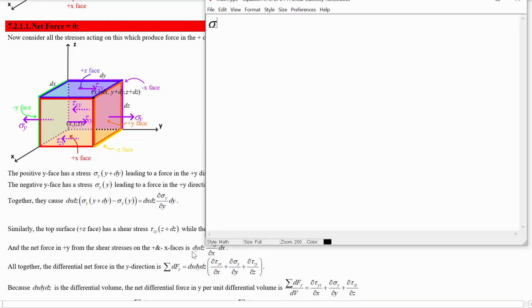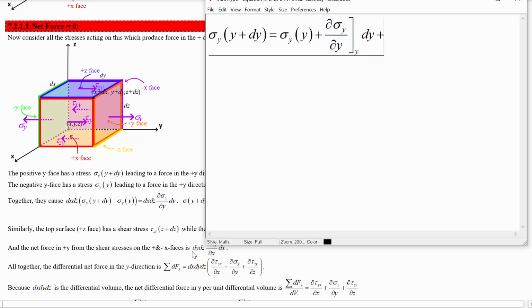Well, that means that if you're going to evaluate any function at y plus some small amount, then you can say that this is equal to a one-term Taylor series approximation: sigma y at y plus del sigma y by del y at y, evaluated at y as well. Sort of a strange notation you could use for this.